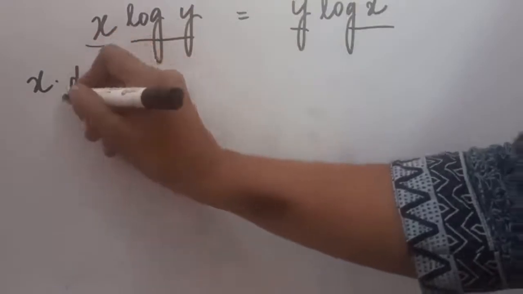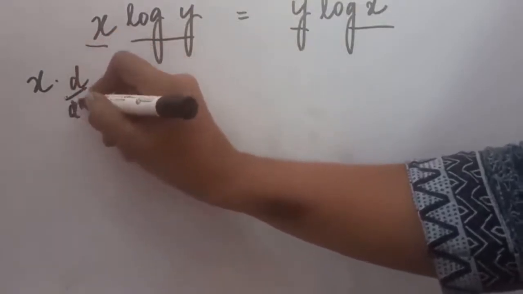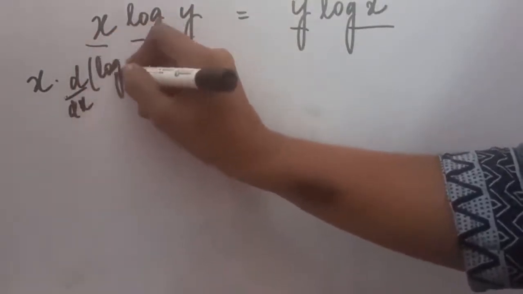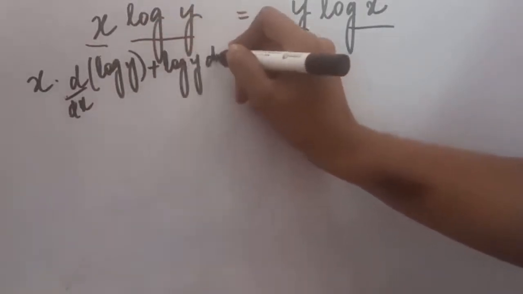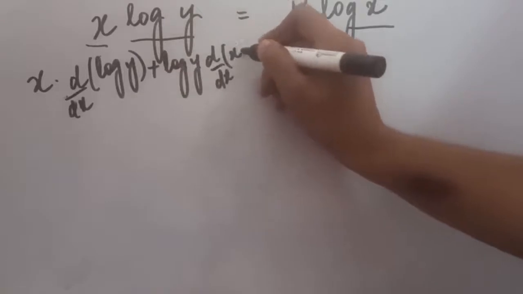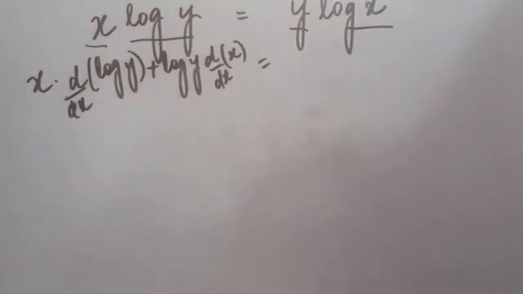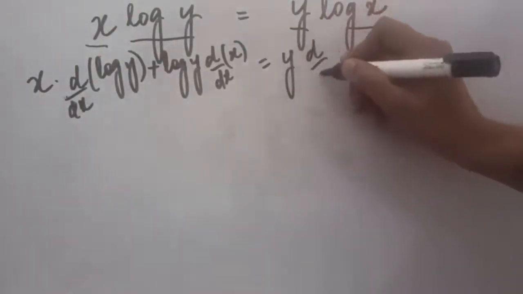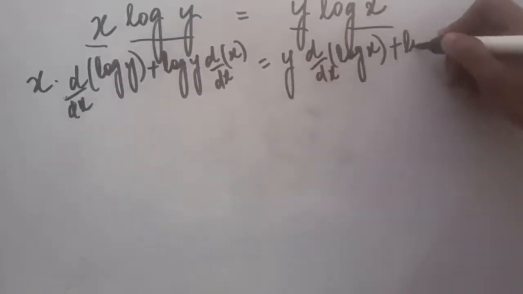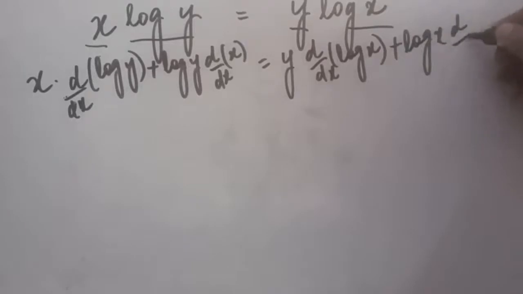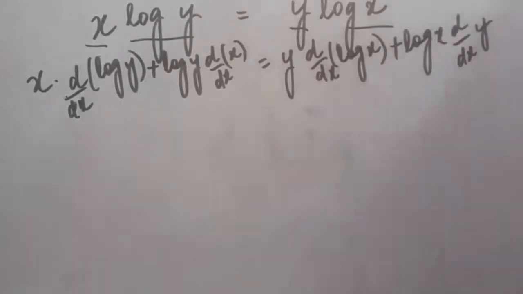x into differentiation of log y plus log y into differentiation of x is equal to y into differentiation of log x plus log x into differentiation of y. So we will have to proceed with the product rule.